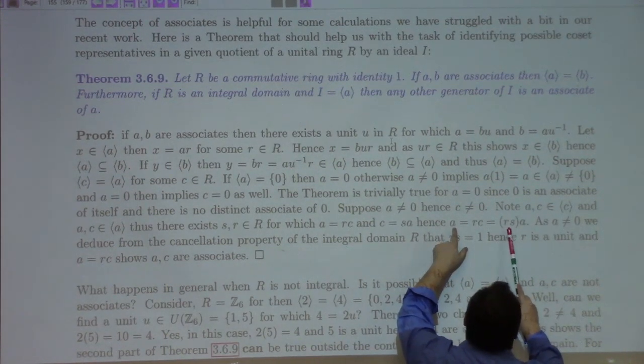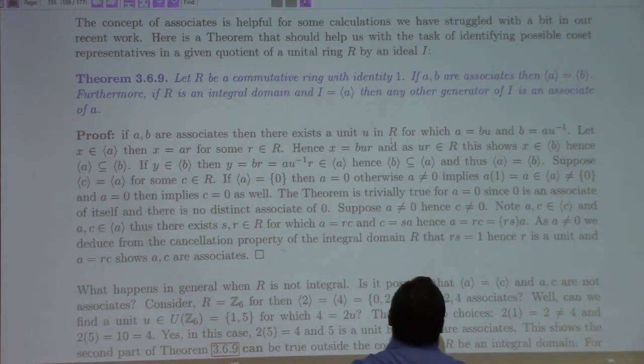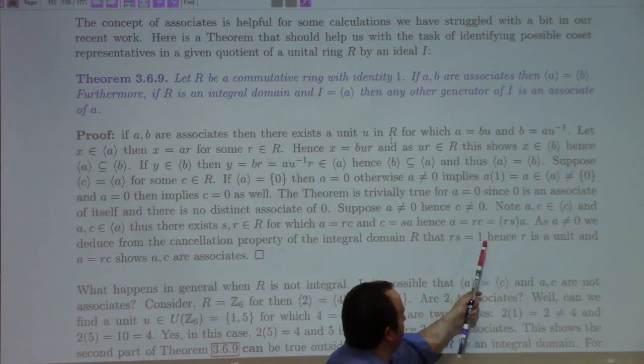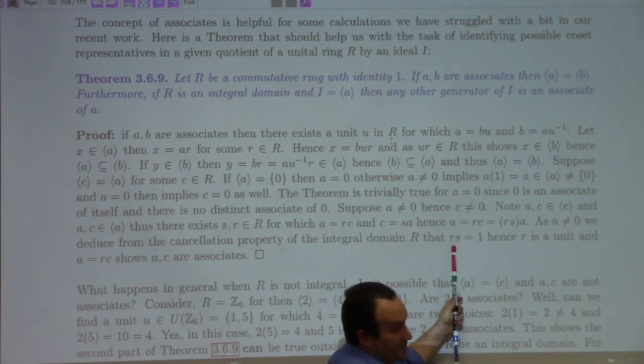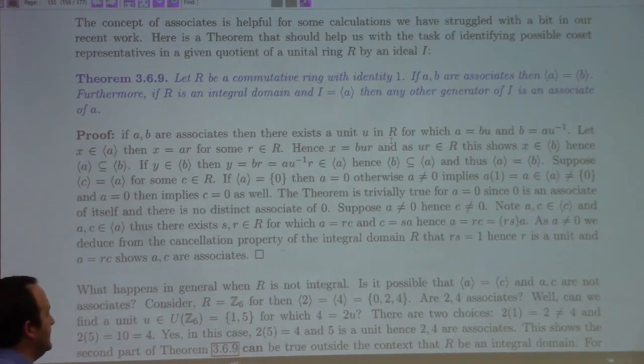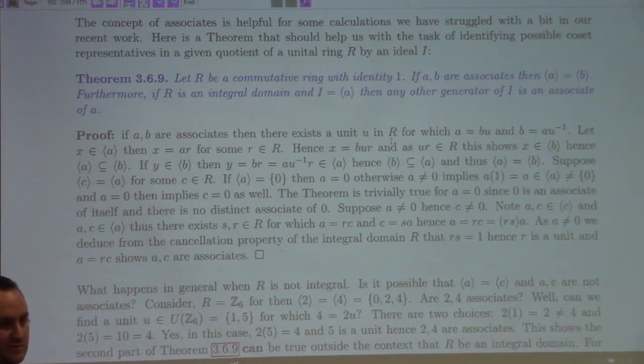And then that would give me that RS is equal to 1, right? I didn't actually write that down, but I said it in words. So this implies then that RS has to be equal to 1 by the fact that we're working in an integral domain. Consequently, R is a unit, which shows that A and C are associates. There's a lot of words here, but this is a legitimate test question, right? I mean, you look at every step of the way here, these are not difficult things to come up with.